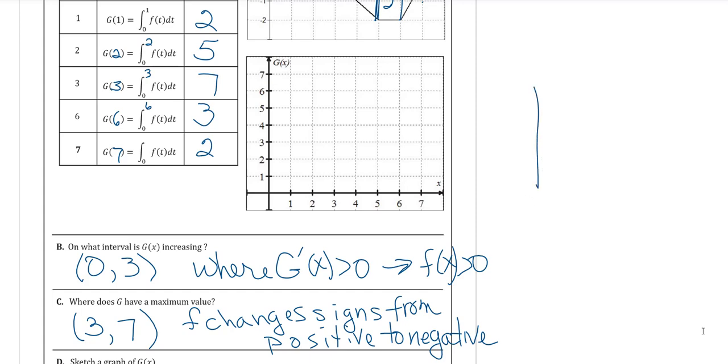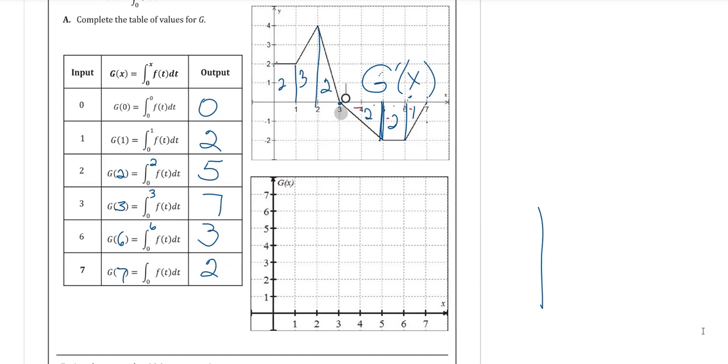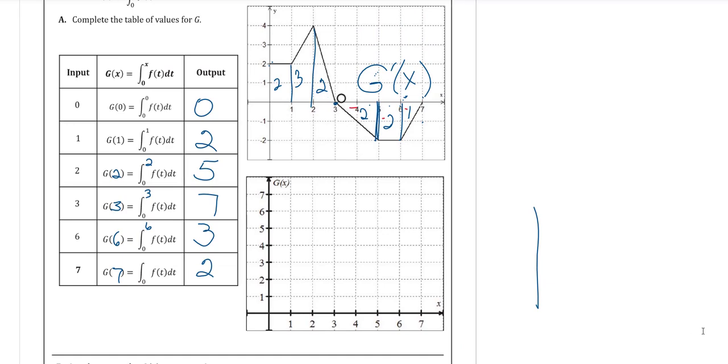So this graph has changed from positive to negative here at 3. So g is going to be a maximum because it was increasing, it's changing directions, and it's decreasing now. And we can say that because, remember, our f is a continuous function.